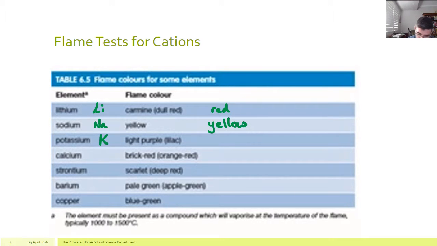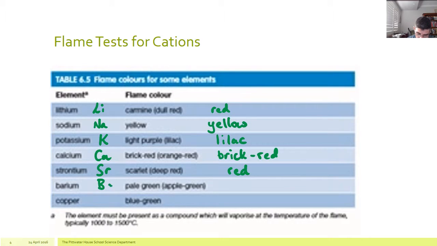Potassium is a very nice flame color. It's a lilac color or a very soft pinky purple color, a very pretty flame. And then calcium is the sort of orangey red, often referred to as brick red. If you want something that's even redder, then you go for strontium. Strontium has a beautiful red colored flame.